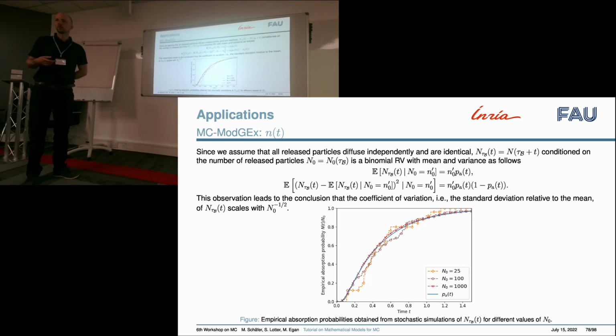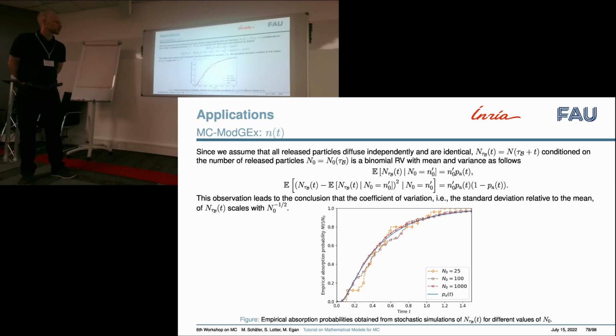On the other hand, if we would release more molecules, the received signal would be more centered roughly around the mean, right? And this is basically because the coefficient of variation, so the standard deviation of the number of observed molecules relative to its mean, scales with the inverse of the square root of the number of released molecules. Okay, so the more molecules we release, the less will be the relative deviation from the mean. So this is basically what we were discussing before.